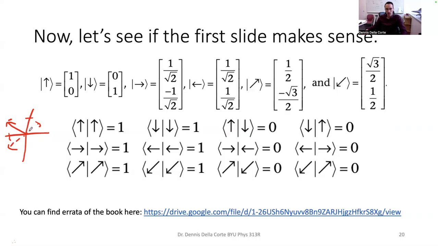So this would be this vector. So, here's the 90 degrees, and you can see that this would be sort of a 45-degree rotation of the normal coordinate system that is spanned by the 1, 0 and 0, 1 vectors we may be more familiar with.